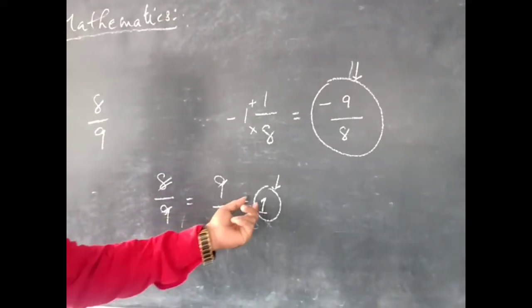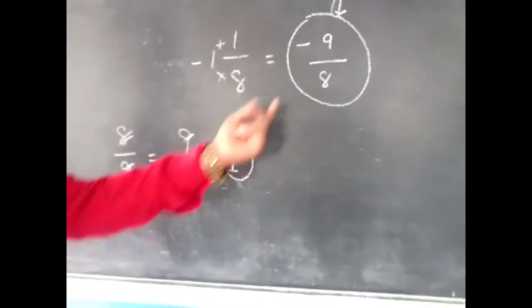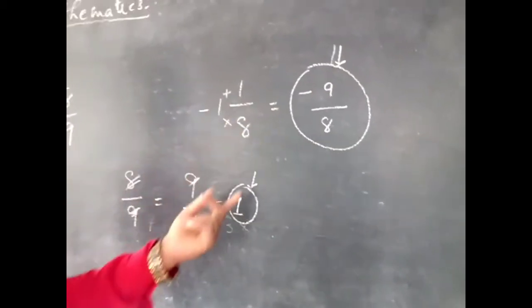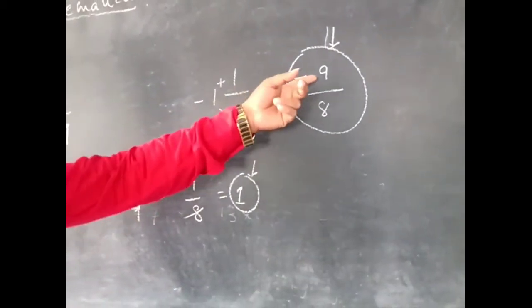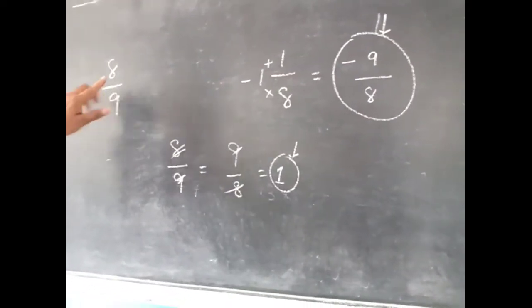So we can say minus 9 upon 8 is not a multiplicative inverse of 8 upon 9. Why? Because the product of multiplicative inverses should be the multiplicative identity 1, but here we get minus 1. Now let's go for the next.